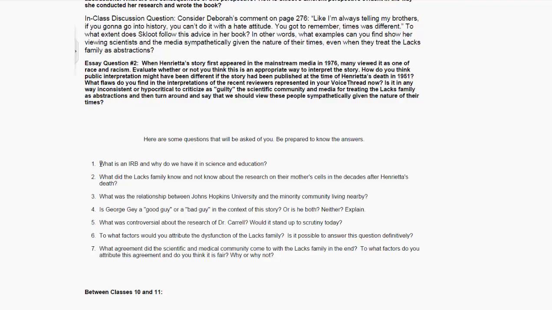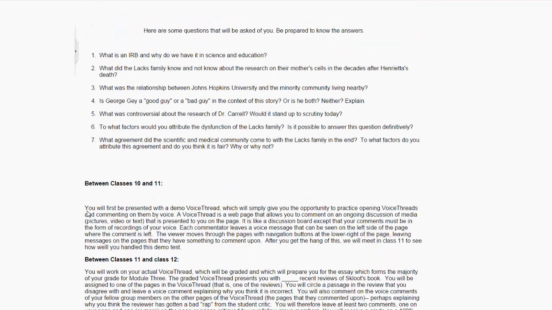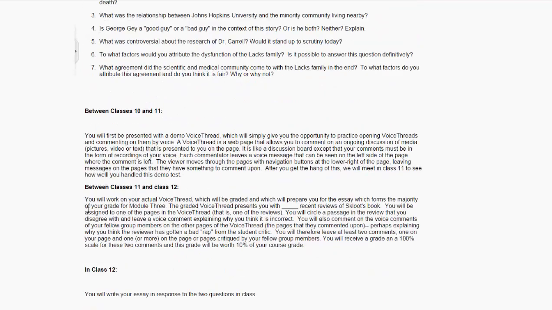But if you reference the book in Class 1 and Class 2 and Class 4 and so on, students will know that they need to start reading the book. They need to know what an IRB is, for example. They need to answer specific questions.